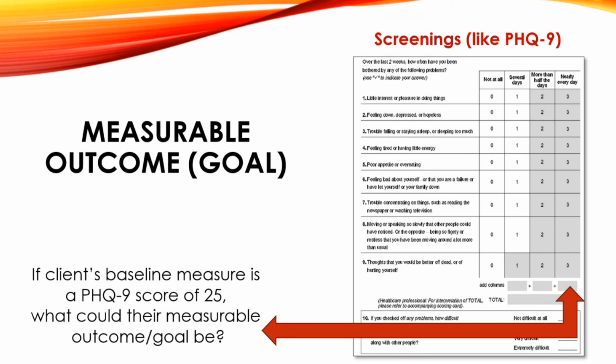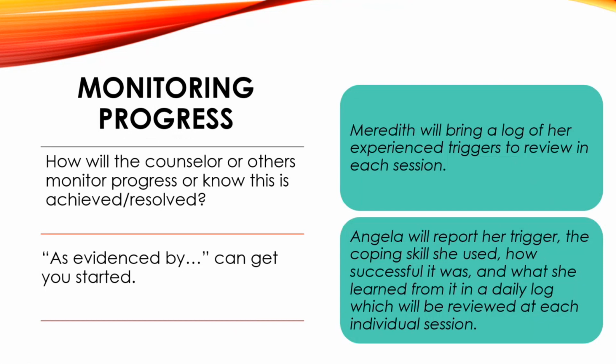You answer these 3 questions about their self-esteem, and then you dig into your session. Over time, you have this interesting list of scores that tell you whether or not the client's self-esteem has improved. It's a really good way to monitor progress, which is the next component of the objectives.